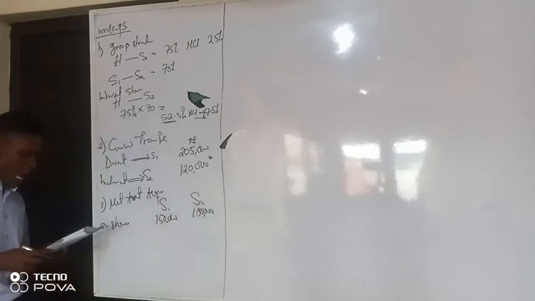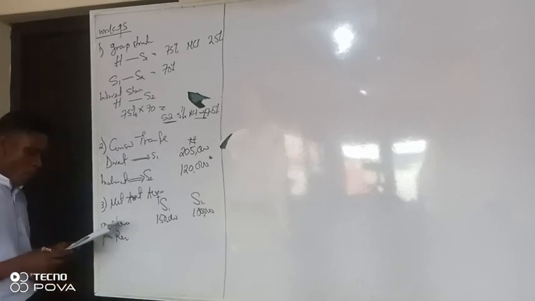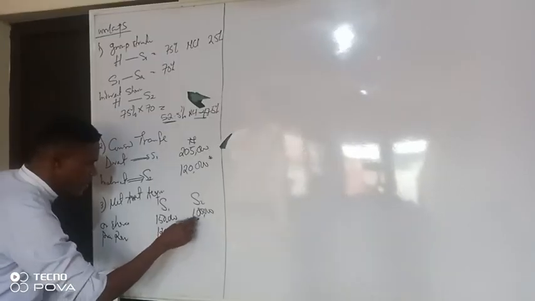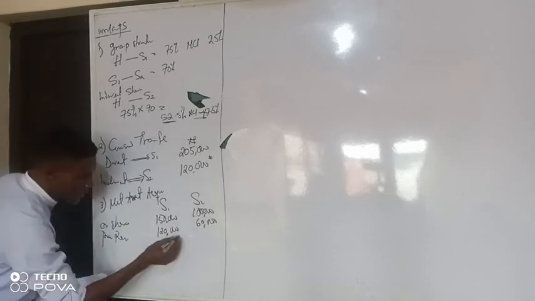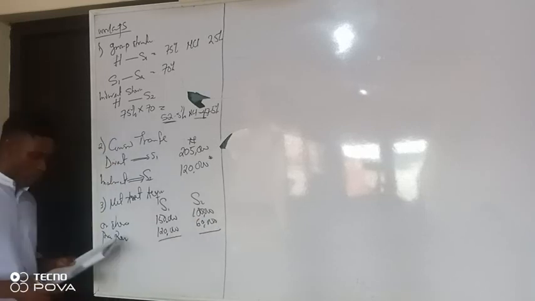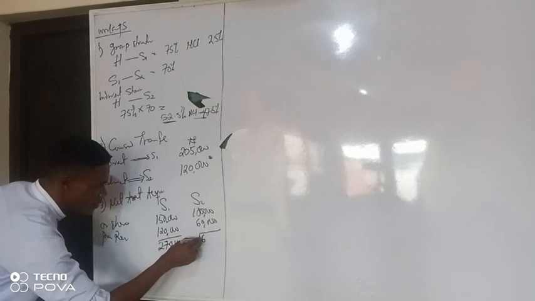Then our pre-acquisition reserve: 120 for S1 and 60 for S2. Automatically, our net assets acquired are 270 and 160.